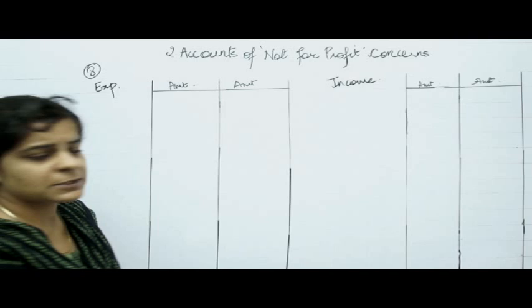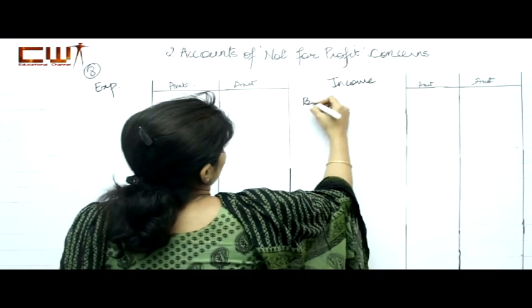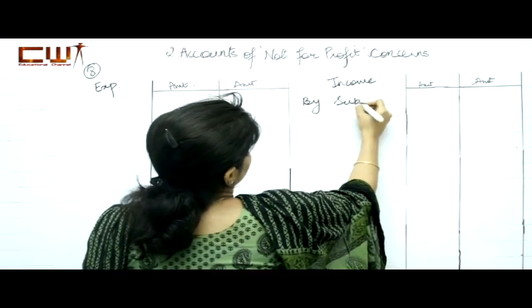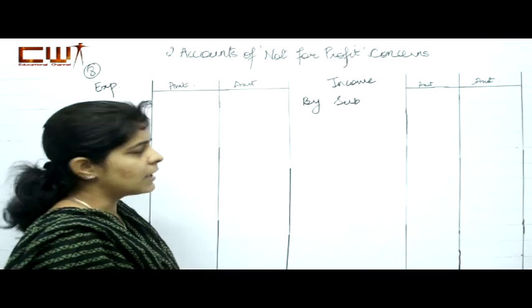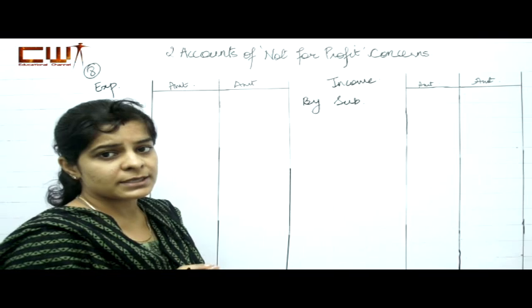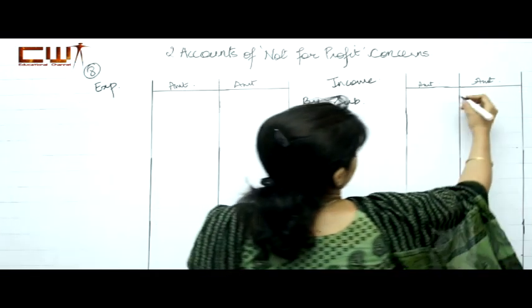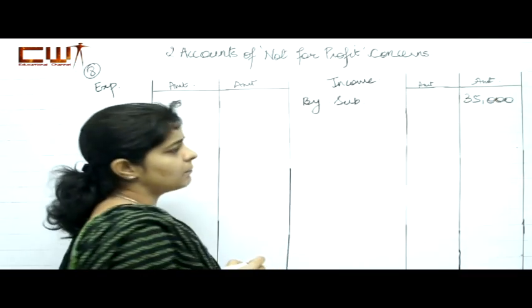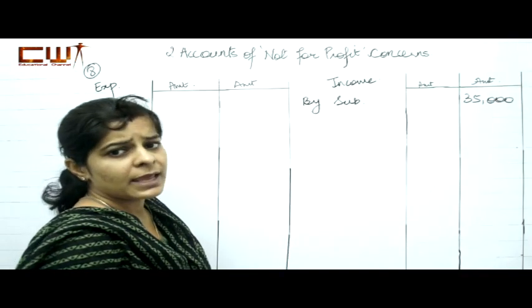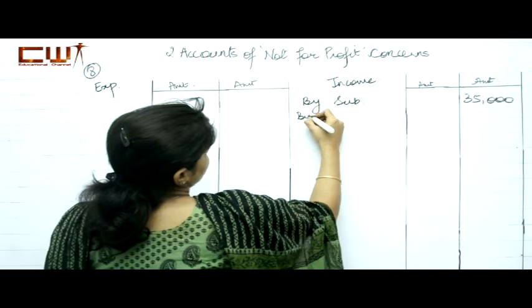Subscription. Always start with subscription, so you will be free with the main thing. For subscription there is no adjustment, so directly you will write the amount in the main column, that is 35,000.